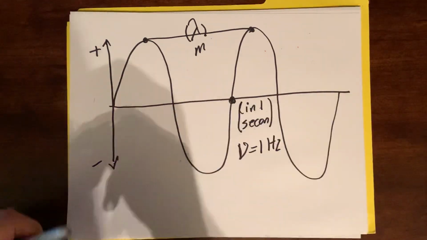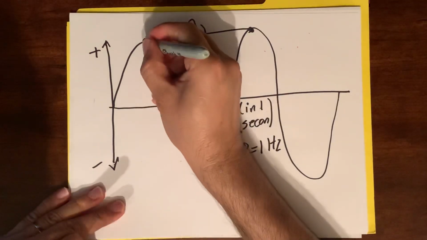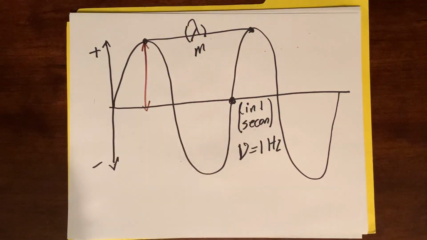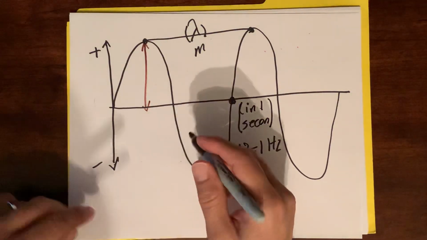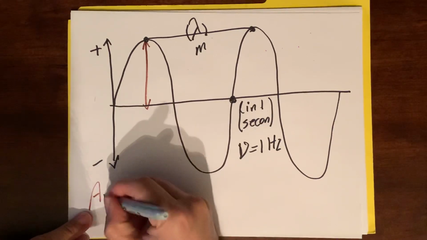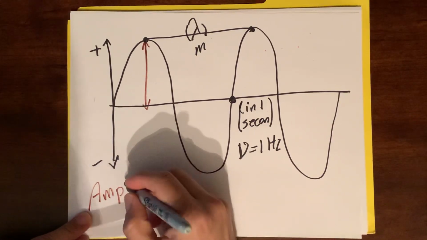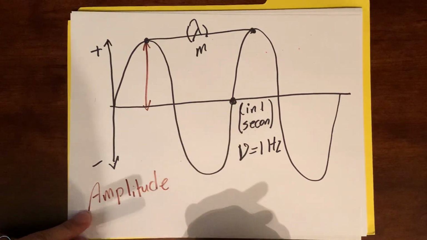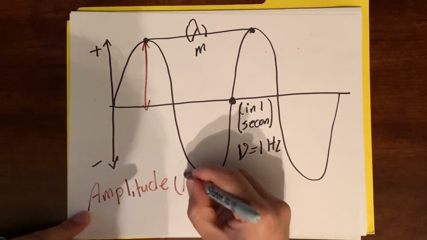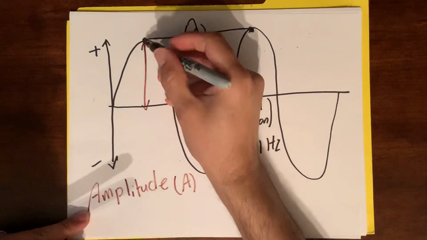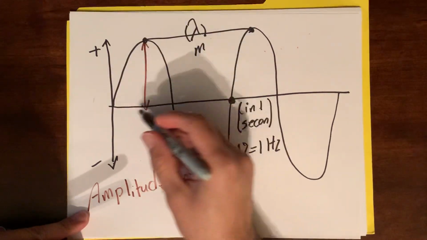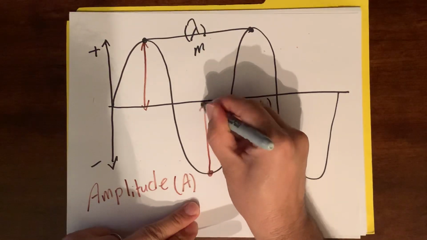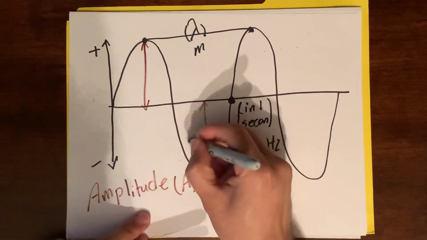Okay. Amplitude. This is the amplitude. We show it by A, and it is the distance between the maximum point of the wave and the horizontal line, or the minimum point and that line. Call it A.